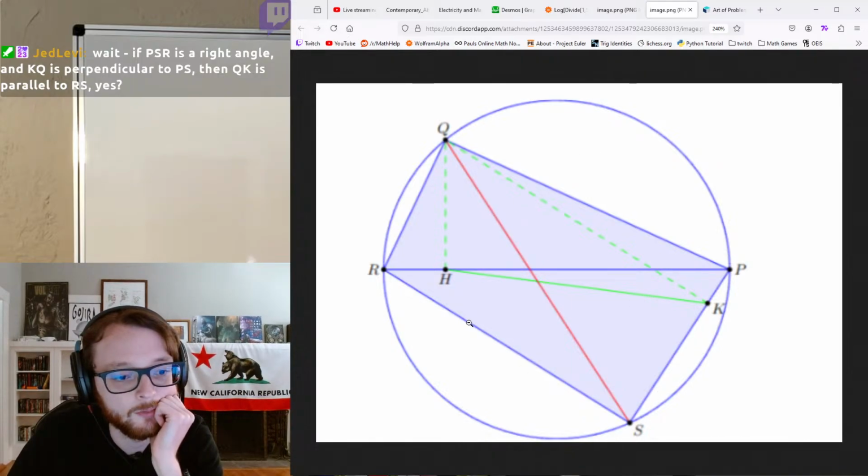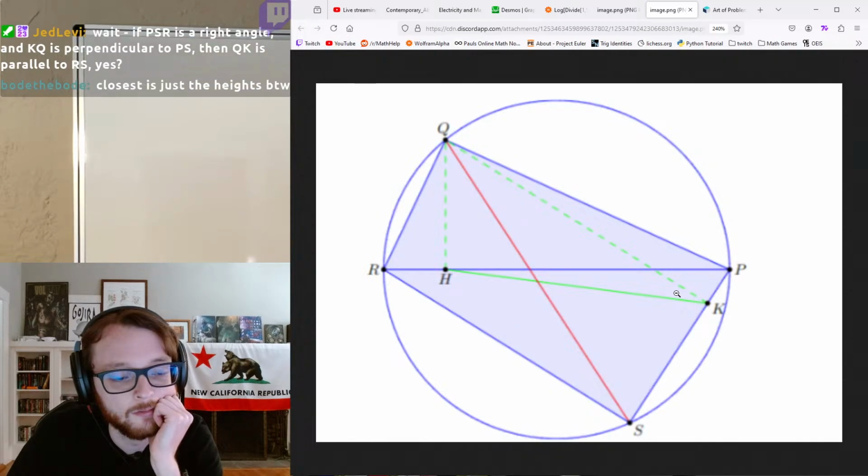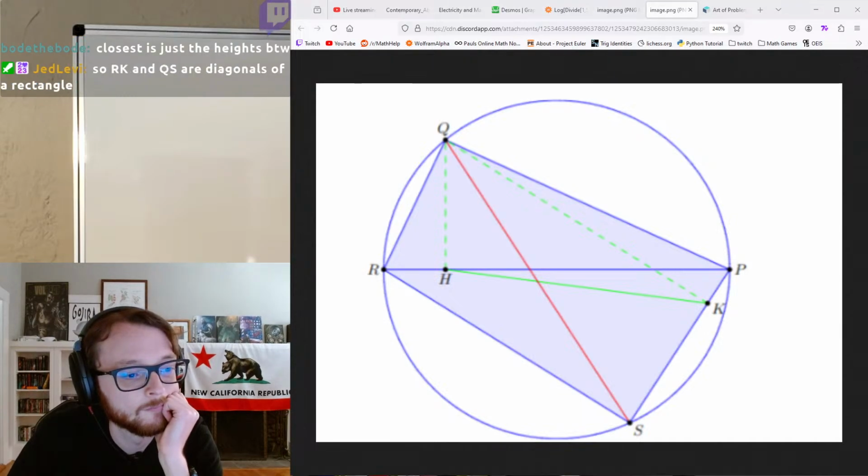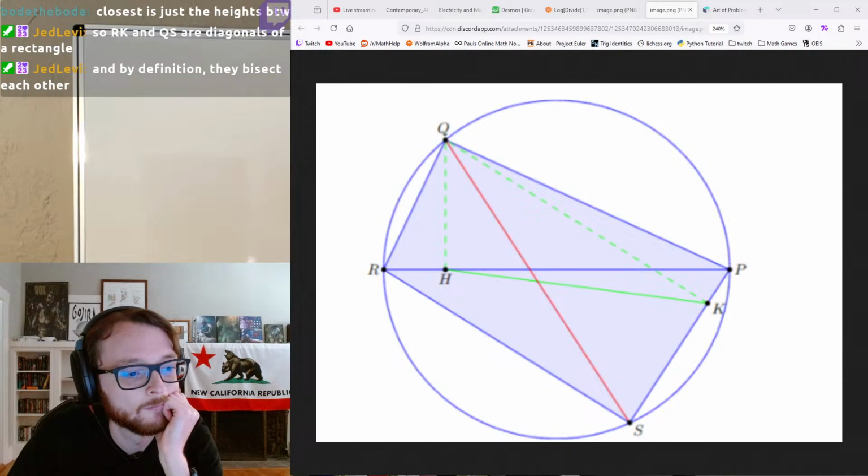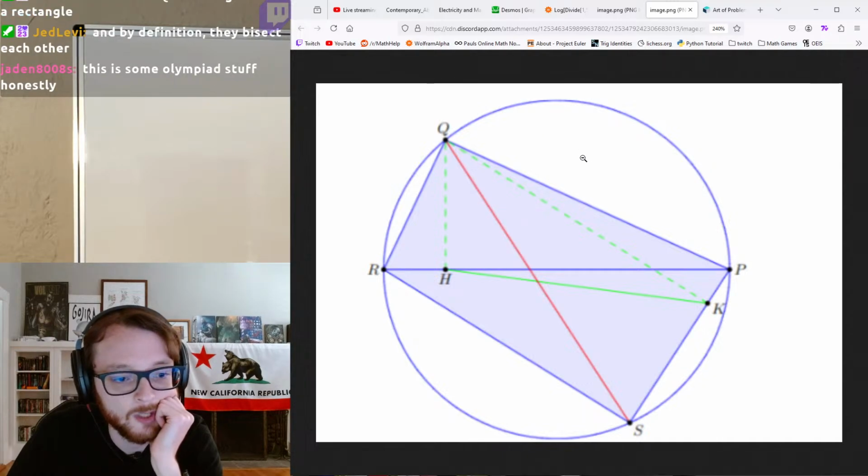PSR is a right angle. KQ goes to PS. Oh yeah, I think I can do that, Rubik, once I'm done with this geometry one.